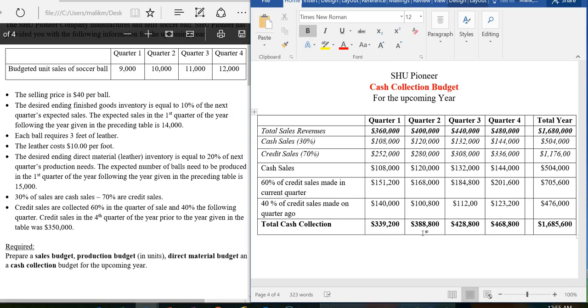Plus 428,800 plus 468,800, and I got the number. So if you get the same number, 1,685,600, then you are done. So please try to check it both ways.